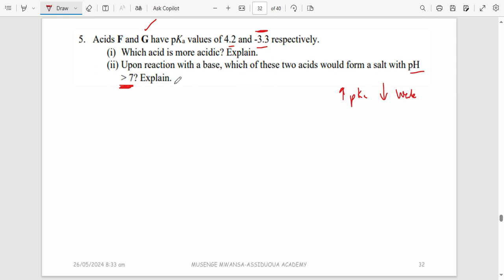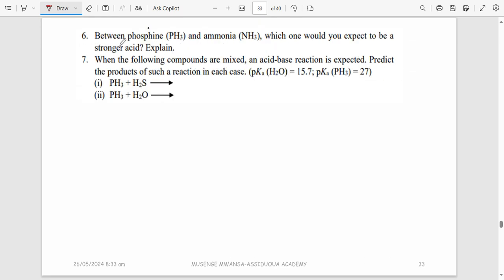So with a weak acid, let's say we are using a strong base, the reaction is going to have a salt which is basic. If you use a strong acid, it's very hard for you to neutralize the entire strong acid. So you end up with an acidic salt. So for part 2, the answer is F.